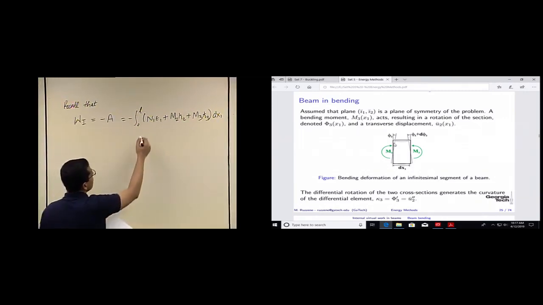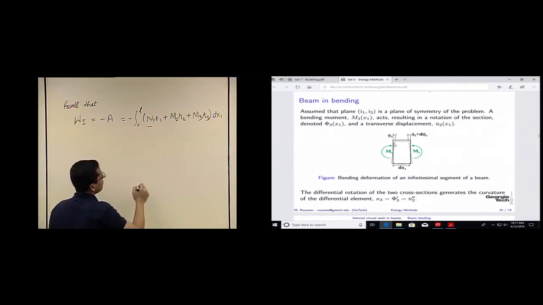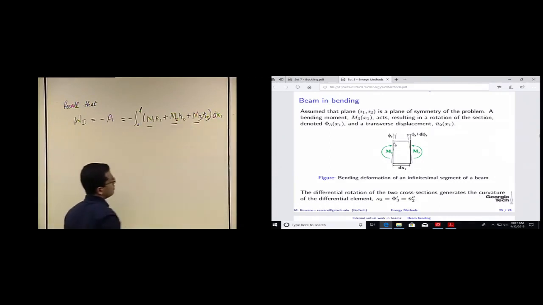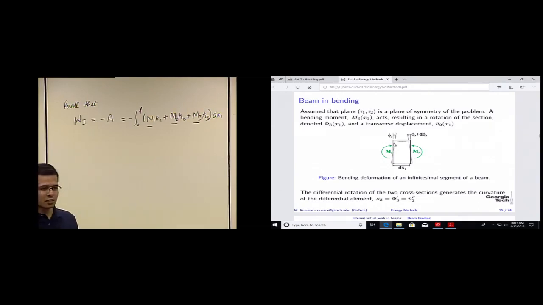Here n1 is the axial load, m2 is moment about I2, and m3 is moment about I3. We have used this equation before while applying the unit load method.